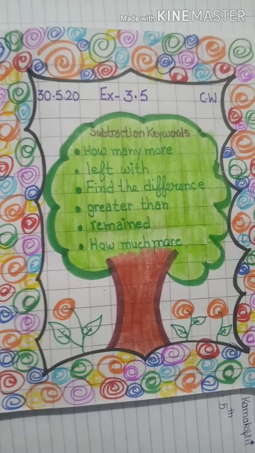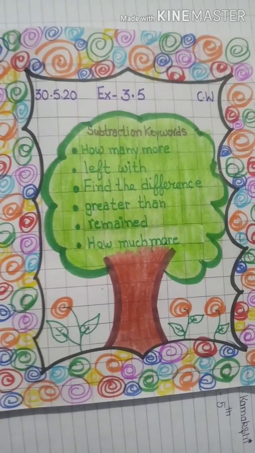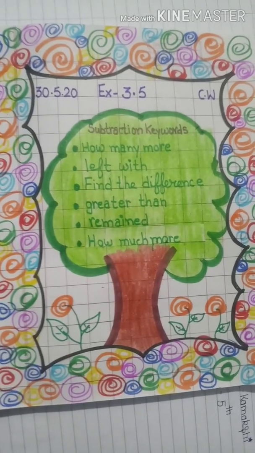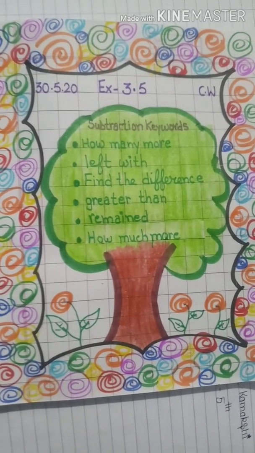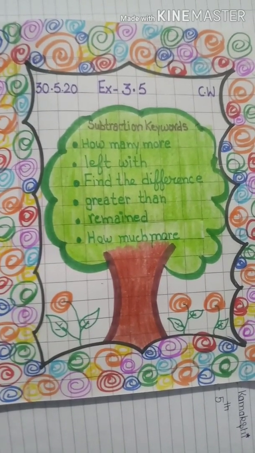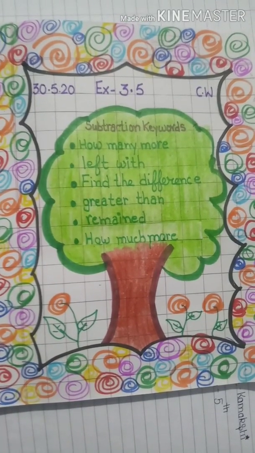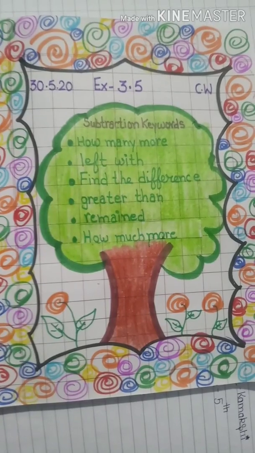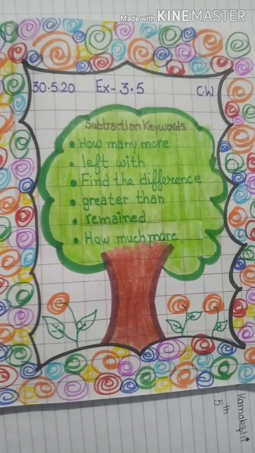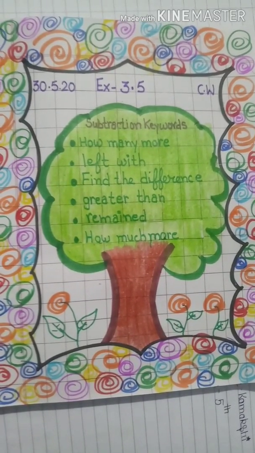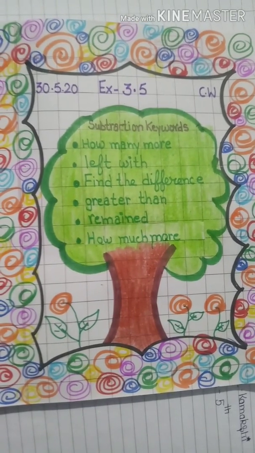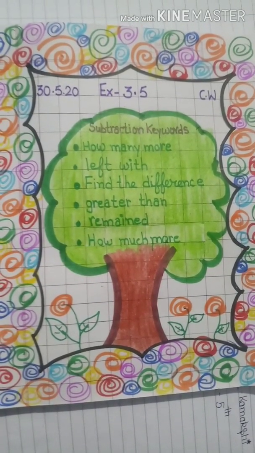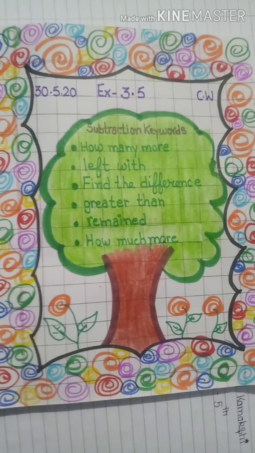Before starting our work, let me tell you some of the subtraction keywords, and these keywords will help you when you solve word problems. Here are some keywords: how many more, left with, find the difference, greater than, remained, how much more.